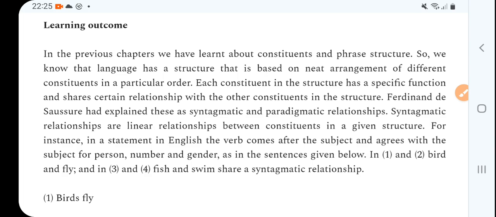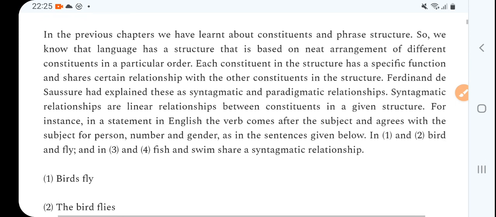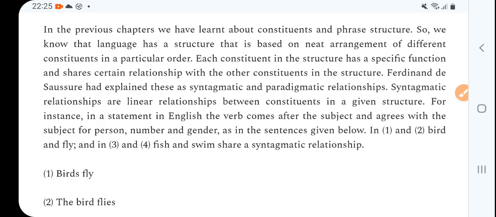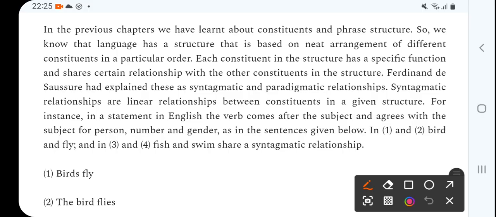In the previous chapters we have learned about constituents and phrase structure. So we know that language has a structure that is based on linear arrangement of different constituents in a particular order. First of all we have to understand what language is.